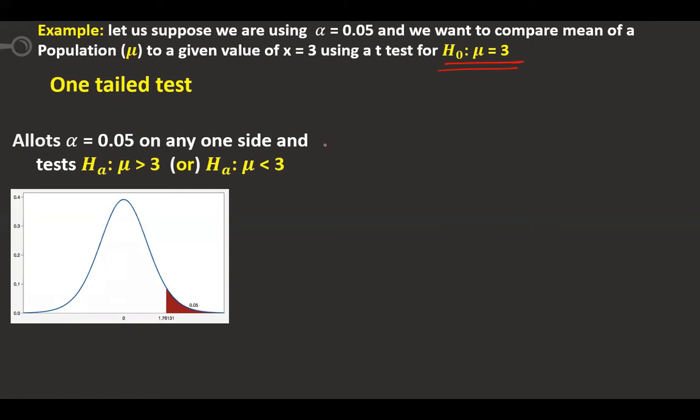Any one side, HA mu greater than 3 or HA mu less than 3. When I want to find out mu greater than 3, using a t-test, for example, I am going to calculate the critical value. That critical value is given here: 1.76131. Whatever value comes more than that, I will reject it. Whatever value comes less than that, I'm going to accept it.